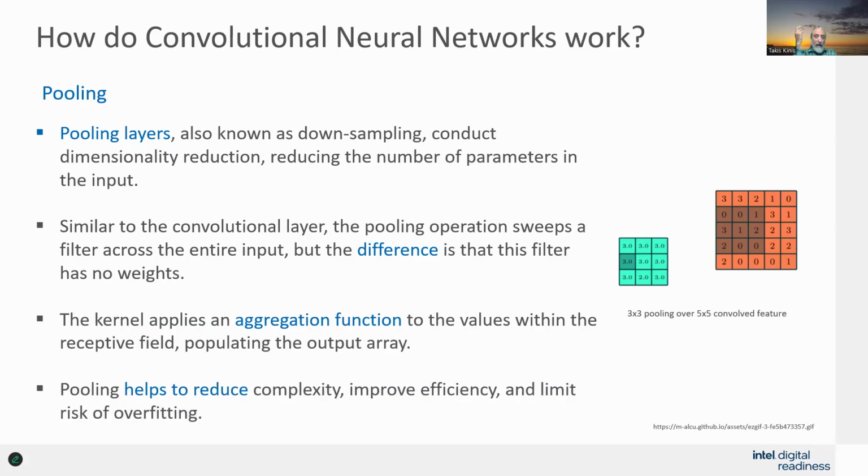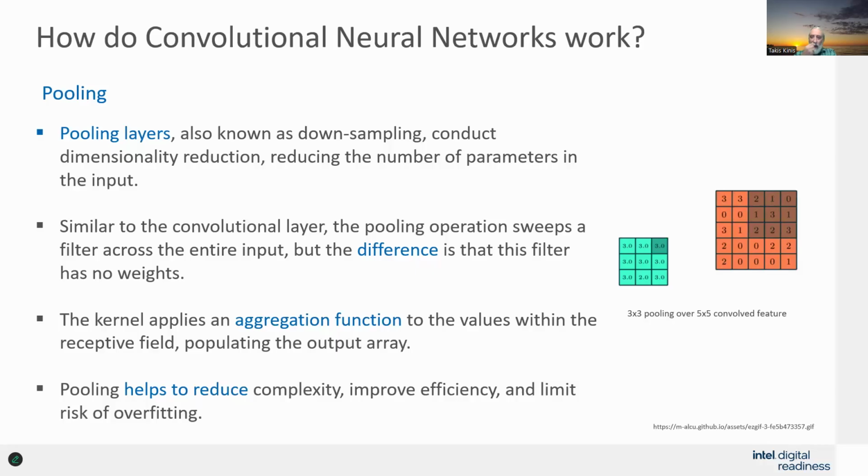We also do pooling of layers. They call this downsampling, dimensionality reduction, basically reducing the number of parameters in the input. The pooling operation sweeps across just like the regular filter operation does. This filter has no weights. Really all it's doing is aggregating values.